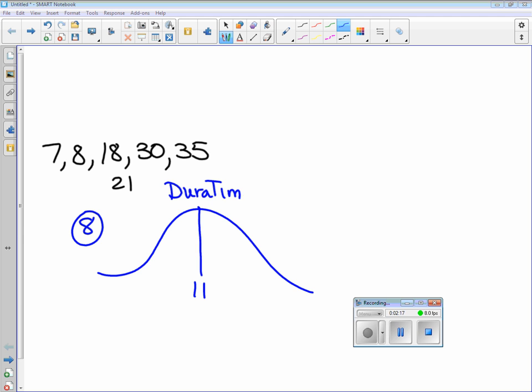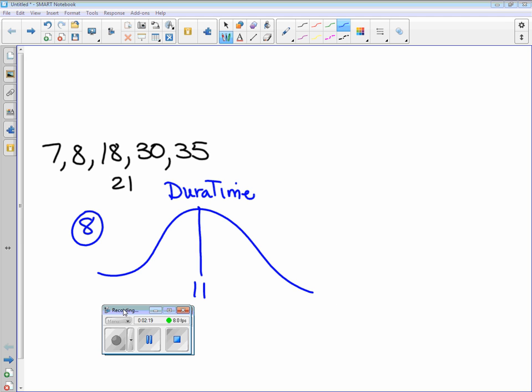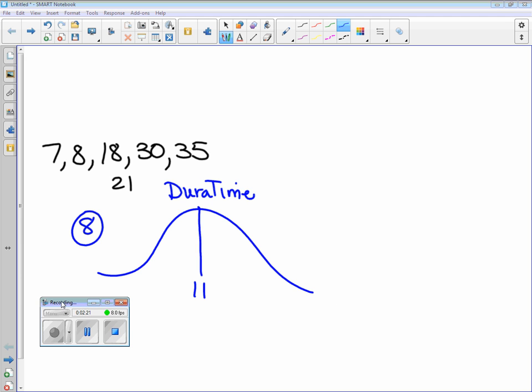This, by the way, should have looked very familiar to the question on your normal probability packet that you had to turn in, where you had to compare pineapple and mango. You know what I'm talking about from that question? So this was very similar. You're just comparing 2 different data sets. So Dura time, and then what was the other name? Rock Ready, and it was at 12.